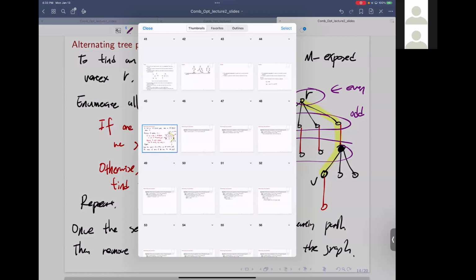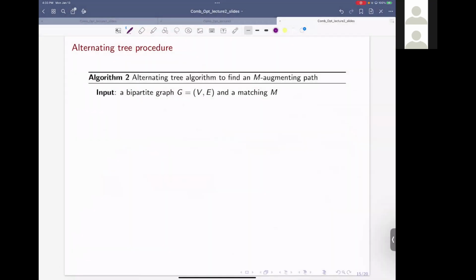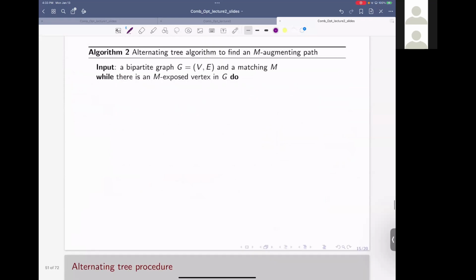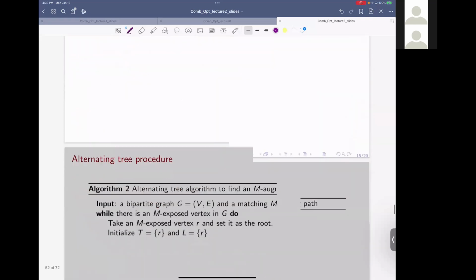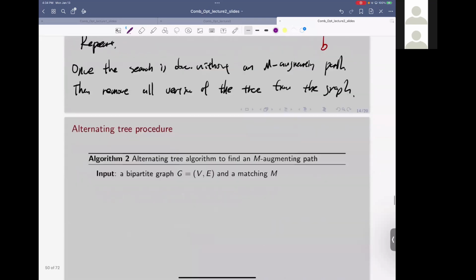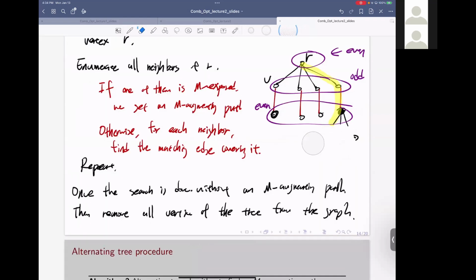All right. Let me just formalize what we explained using this pseudocode. I have a bipartite graph and a matching, and you find an exposed vertex and set it as a root. This L refers to the set of leaves. If you look at this, these are all leaves. They can be the starting point for expanding your tree.